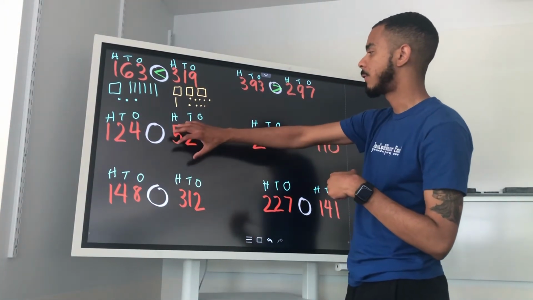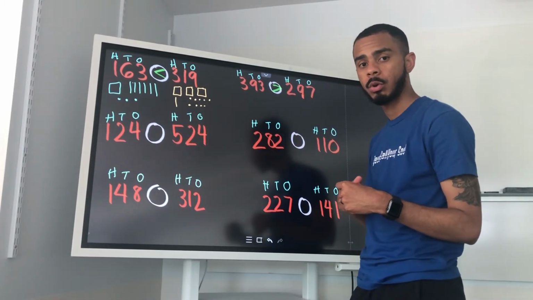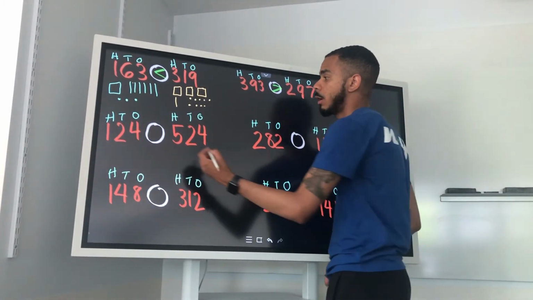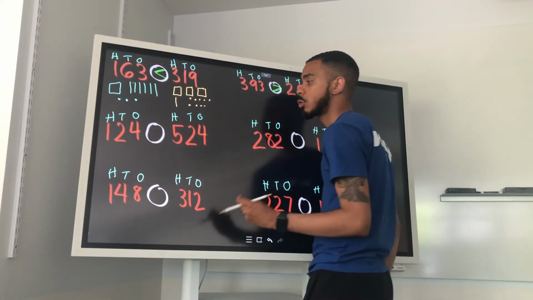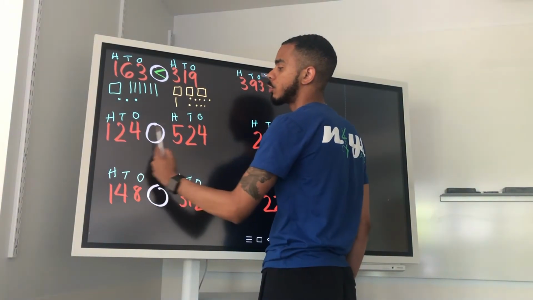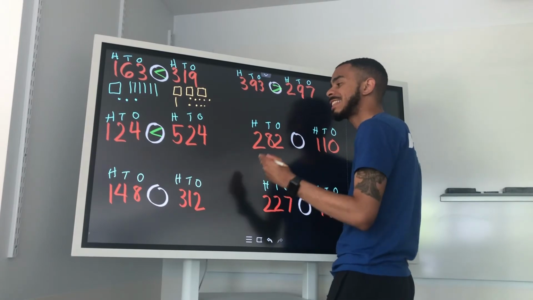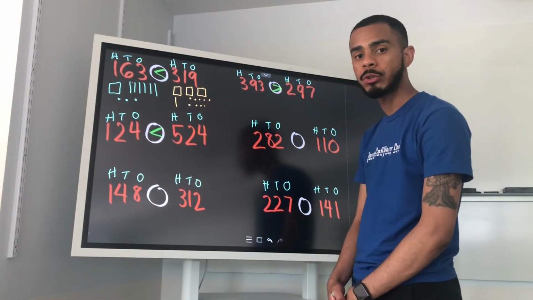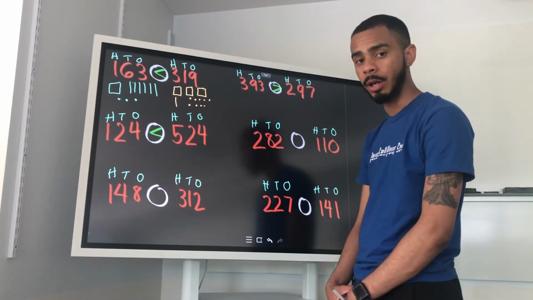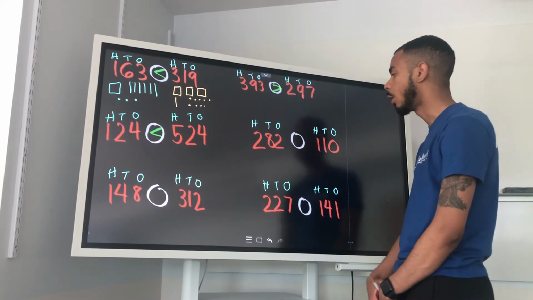This number is 524. This number is 124. What has more value? 500 is more than 100. So we say 124 is less than 524. Where's the alligator mouth open to? The bigger number.